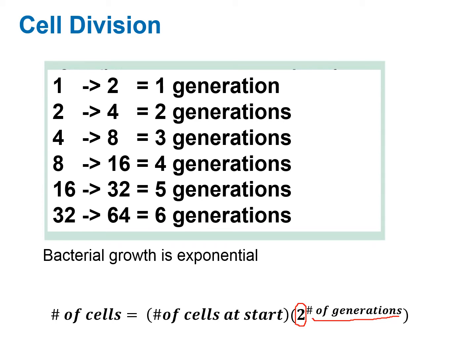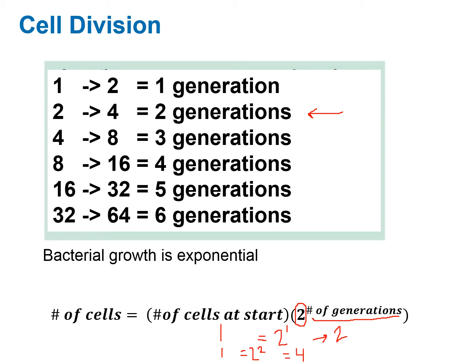Assuming that we start with one cell, after one division, so 1 times 2 to the 1, we're going to get 2. If we started with one cell and we had 2 divisions or 2 generations like this, then we should get 4.